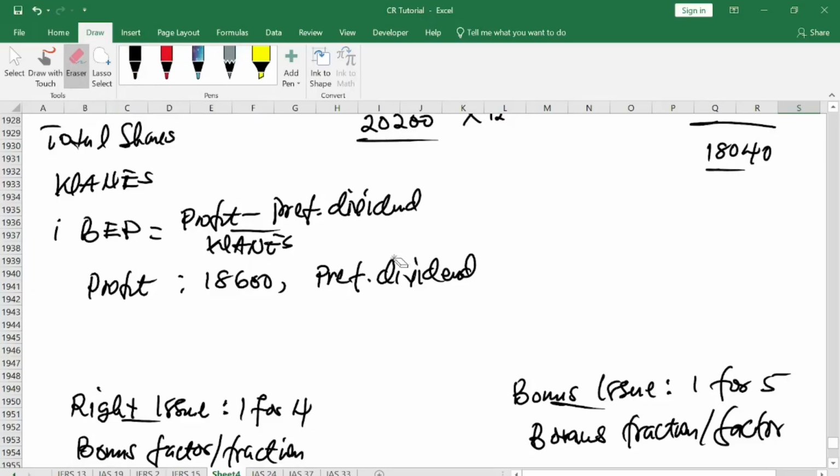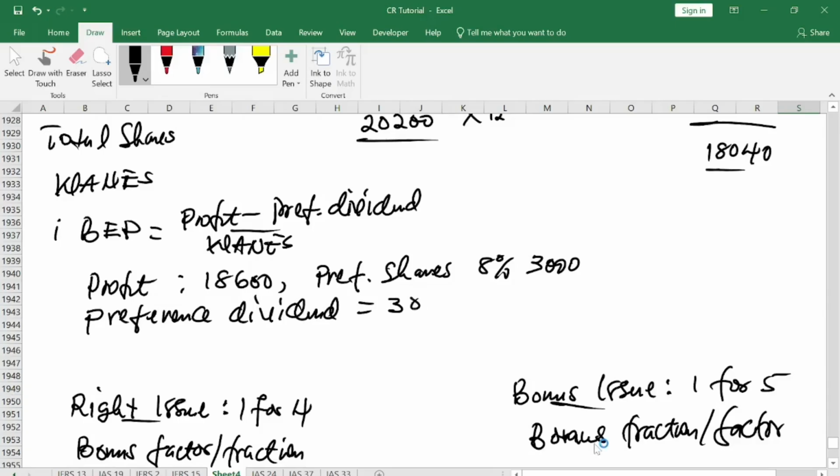So how do we get our preference dividend from our preference shares? Our preference shares are 8%, 3 million. So the preference dividend will be 3 million times 8%.